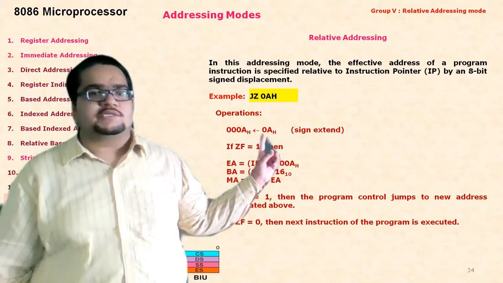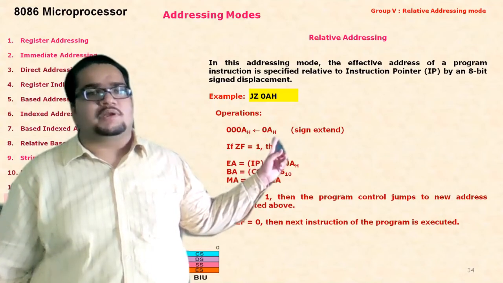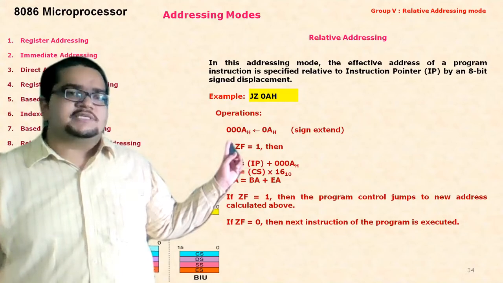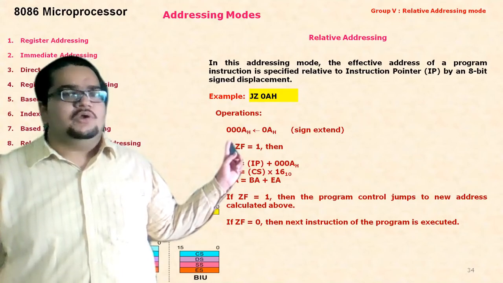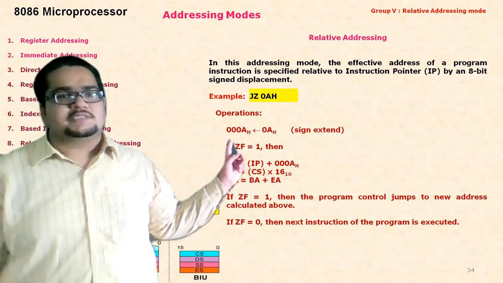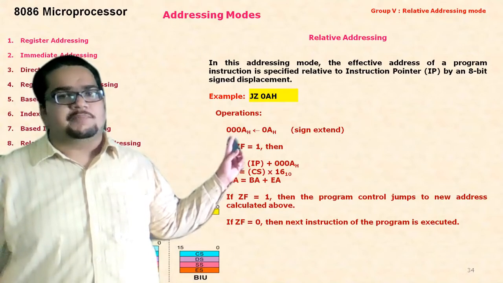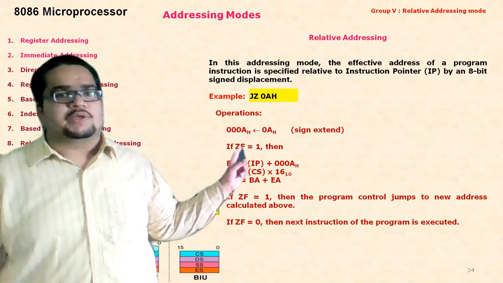If I ignore that 0, it's just A, a 4-bit number only. So it is sign extended to make it look like a 16-bit number, 000A. So this is the 16-bit displacement by which the program execution has to jump from that particular location.